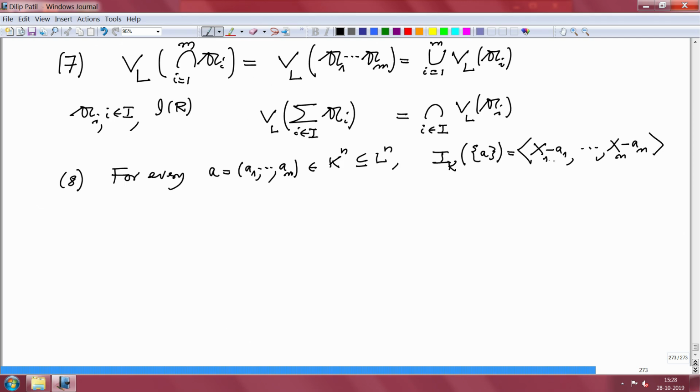Remember that all these linear polynomials have coefficients in K because we are assuming that a1 to an are in K, and this is also what we have denoted by m_a, which we have noted is a maximal ideal in R. So if your point was not in K^n but in L^n, then it is more complicated to describe the ideal of that point.